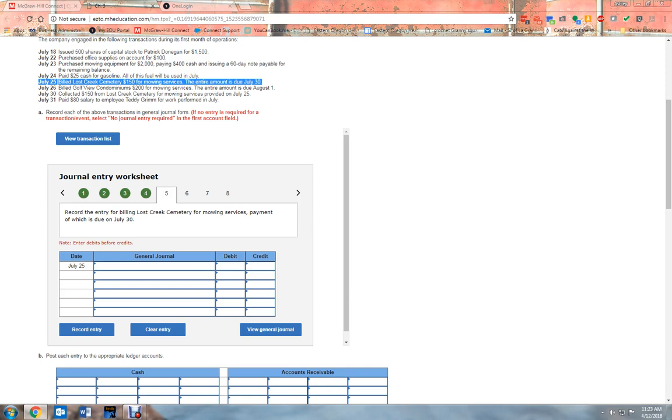So does that mean we got cash? Nope. We extended them credit. They are allowed to pay us in the future, make a promise to pay. Therefore, that is an account receivable. An account receivable is an asset. That asset account is increasing, therefore a debit entry is required.